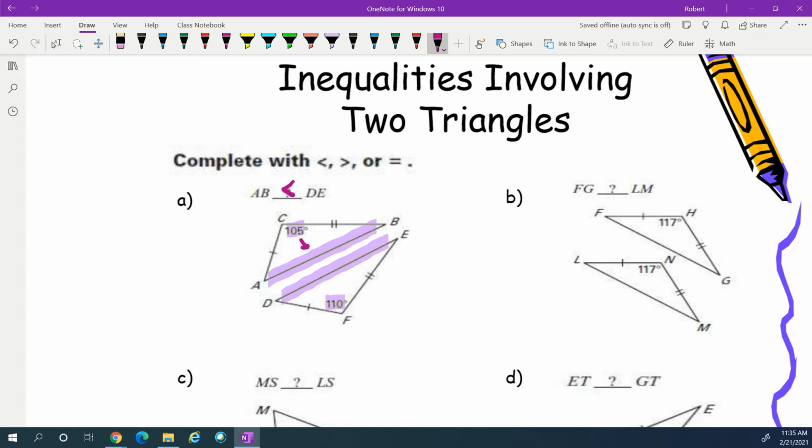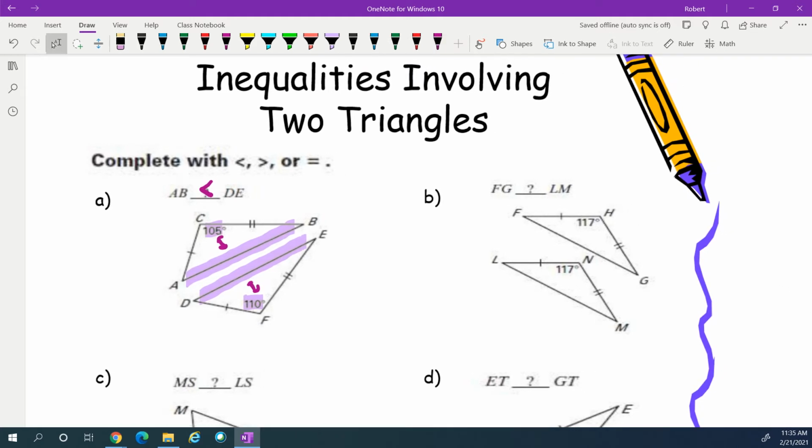That's all we're doing, is comparing that stuff right there. 105 is smaller than 110, so AB is smaller than DE. In question B, since the angles are the same, the segments are the same. Again, the sides of the angle have to stay the same. They have to remain congruent for these comparisons to work.